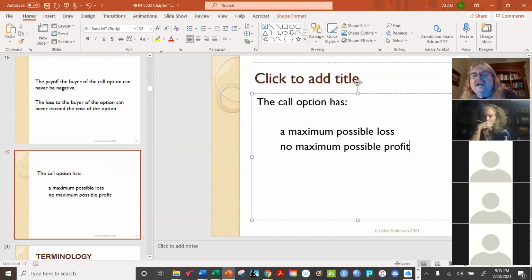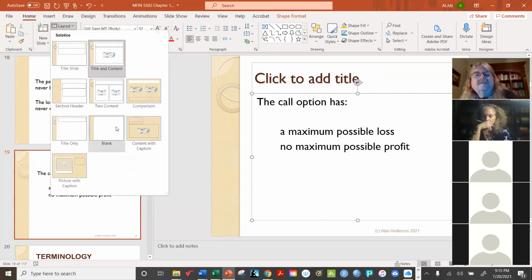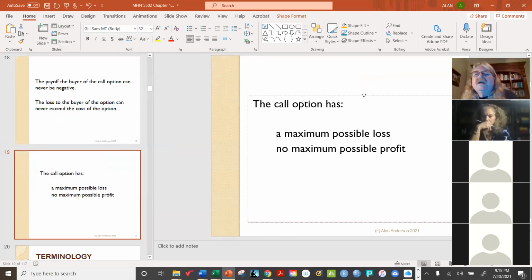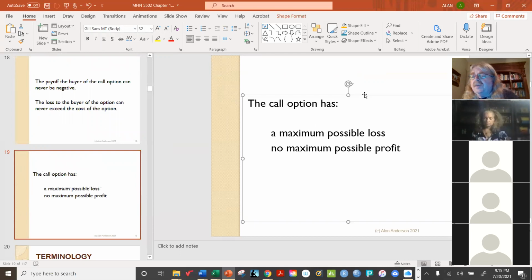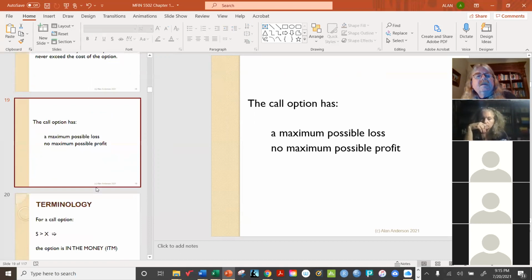Now, where else do you find that in the marketplace? There's a limit to how much we can lose, which is limited to how much we paid for it, but there's no maximum profit. Wow, now that's a very powerful position to be in.